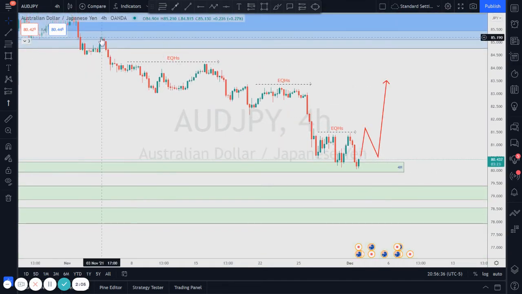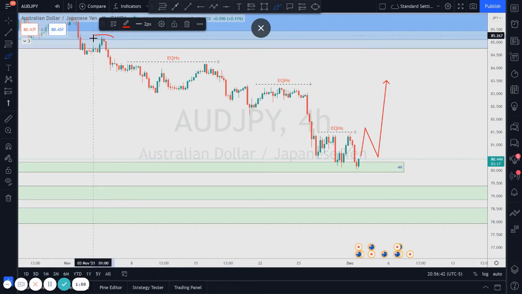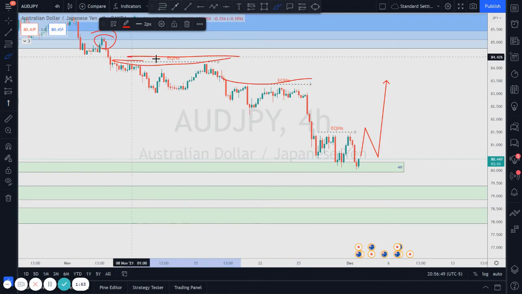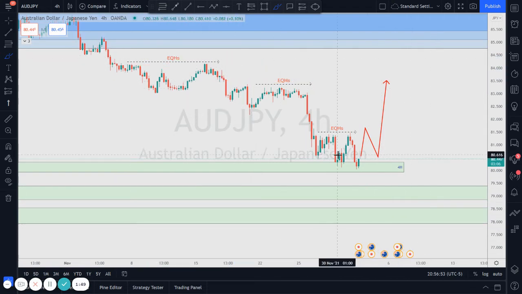First, we want to notice all of these liquidity points. All the way down here, all of this is equal highs, all of these liquidity pools. Okay. And this is ripe for a sweep.